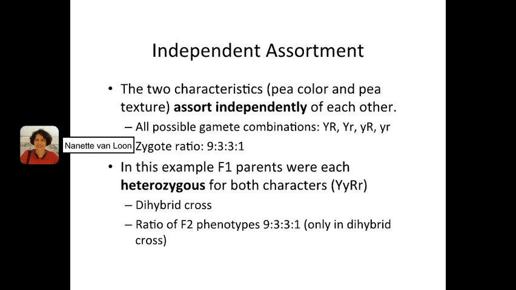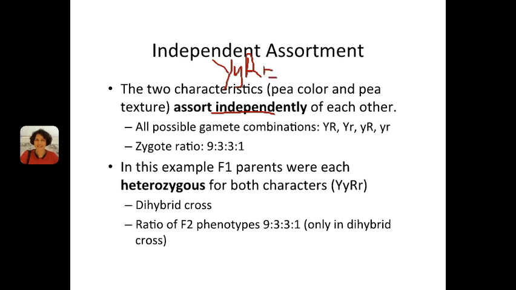So this slide tells us again, assortment is independent. The two characteristics will assort and segregate independently of each other. That gives 4 different gamete combinations for an individual of genotype big Y, little y, big R, little r.